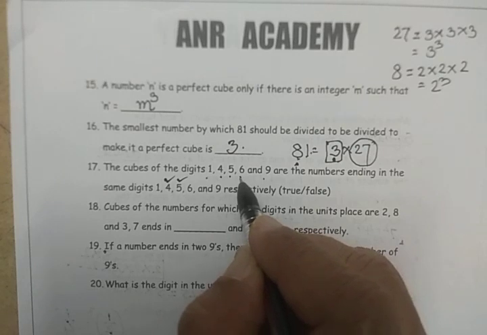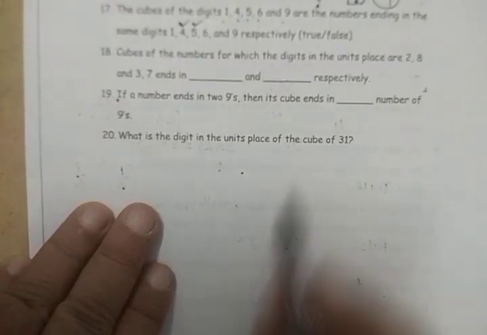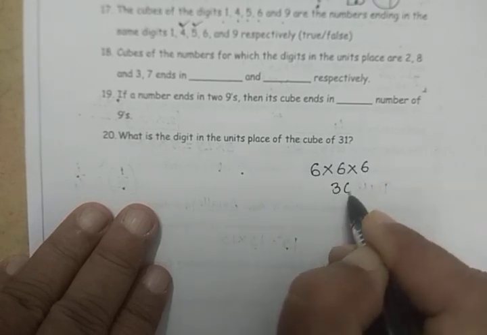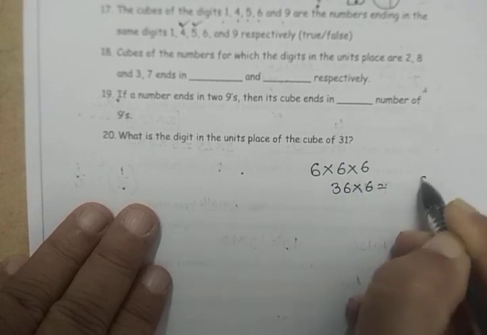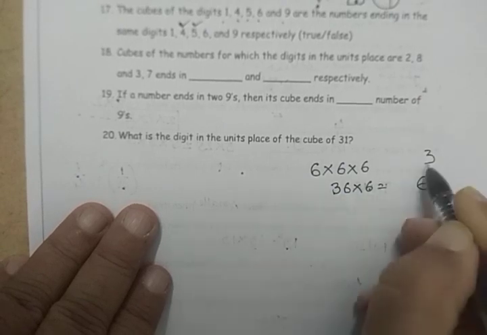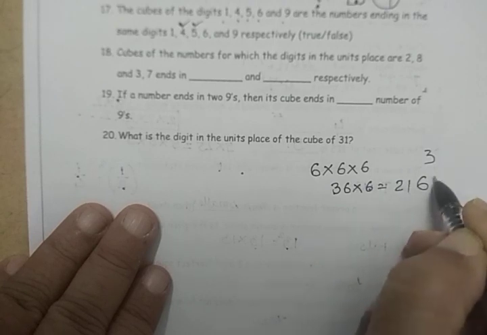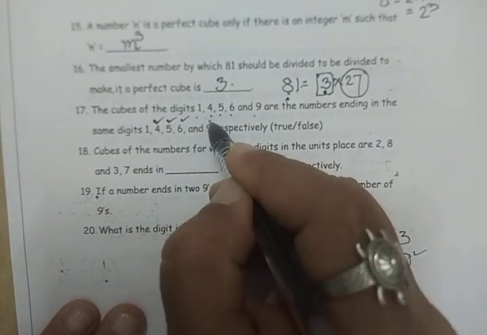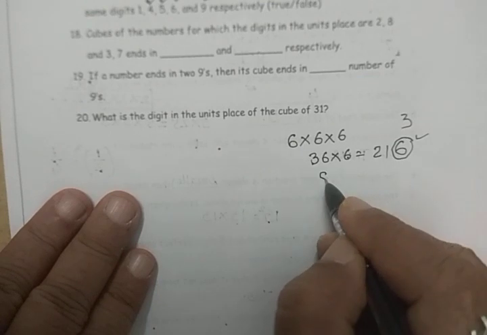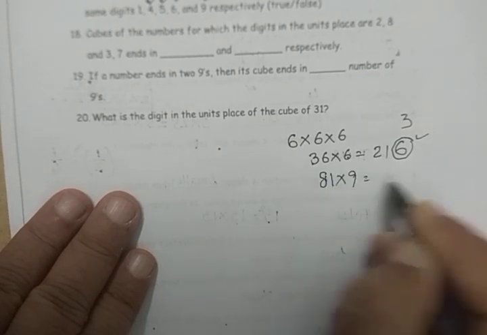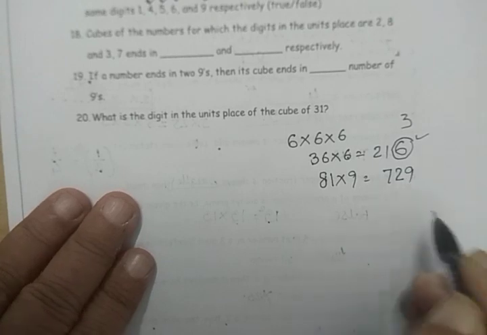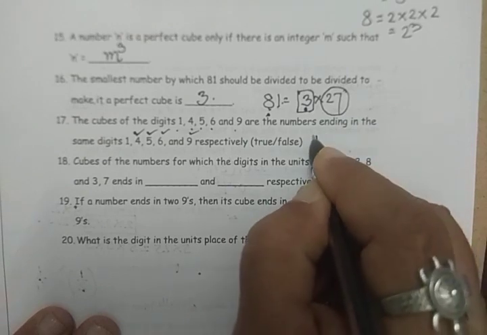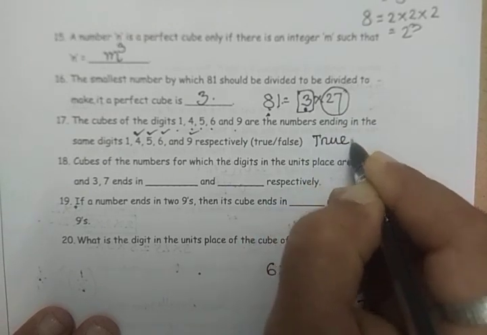In the same way, 6 cube. 6 into 6 into 6. 6 sixes are 36, 36 into 6: 6 sixes are 36, 3, 18 plus 3 is 21, 216. So the last digit is 6. In the same way, 9. 9 nines are 81, into 9 is 729. So it ends with 9. So is it true or false? It is true.